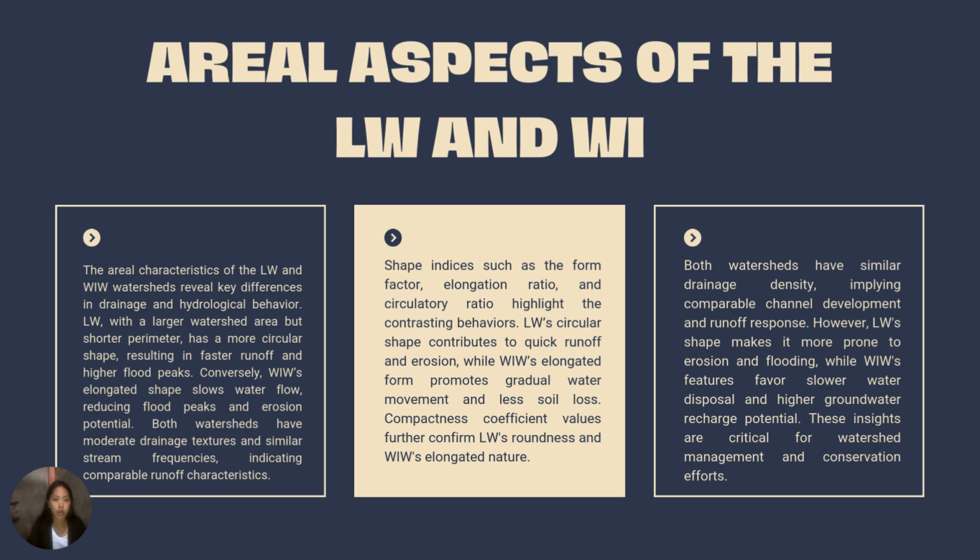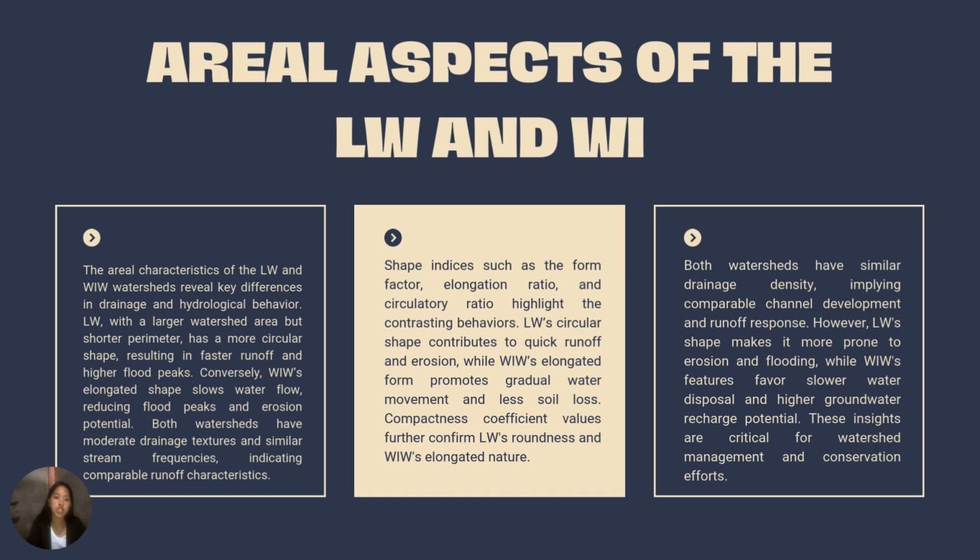Conversely, the other one has an elongated shape and slow water flow, reducing flood peaks and erosion potential. Both watersheds have moderate drainage texture and similar stream frequency, indicating comparable runoff characteristics.